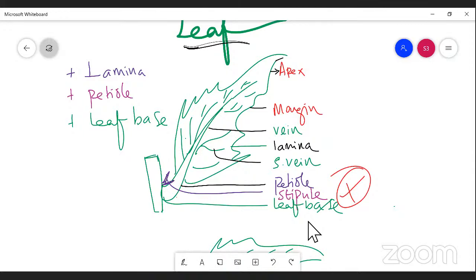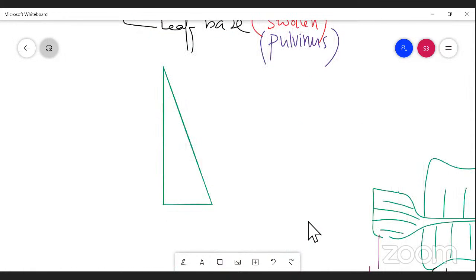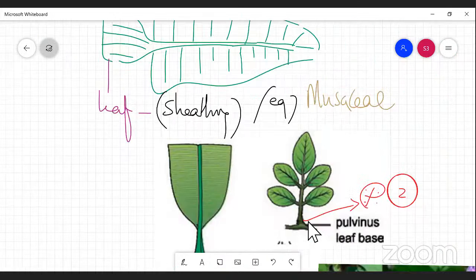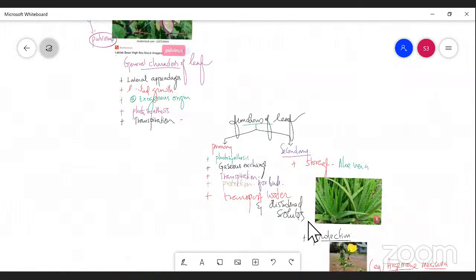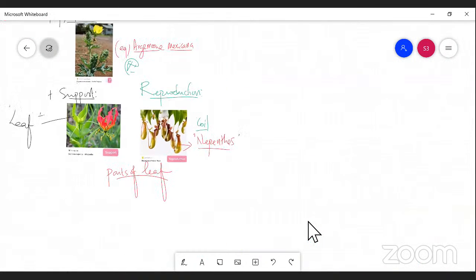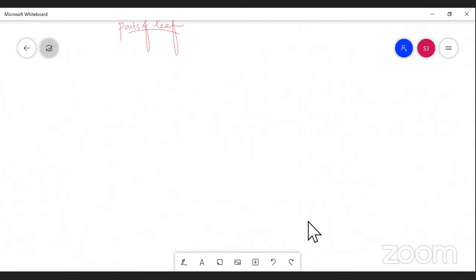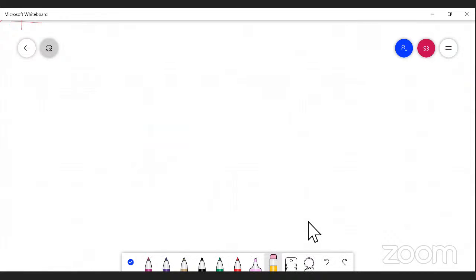If stipules are present in a leaf, it is said to be stipulate, and if the stipules are absent in a leaf, it is called exstipulate. My dear students, I would like to compare now. This is a stem, and please imagine it is a leaf.